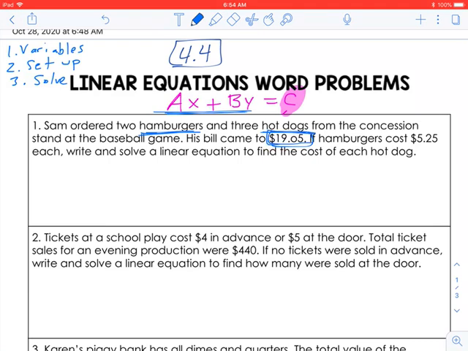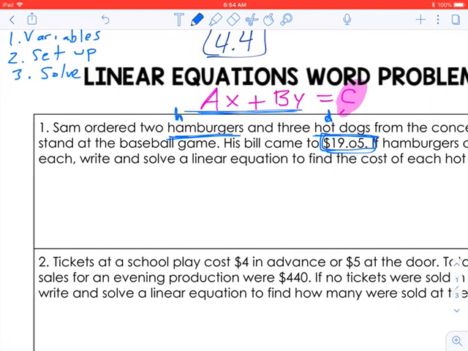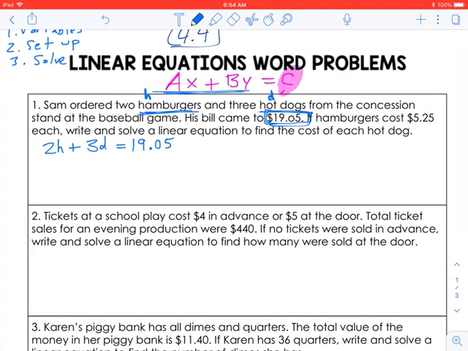I'm going to make hamburgers H, and hot dogs D for dogs. So I've got 2H plus 3D equals our total of 19.05. And there's our equation.